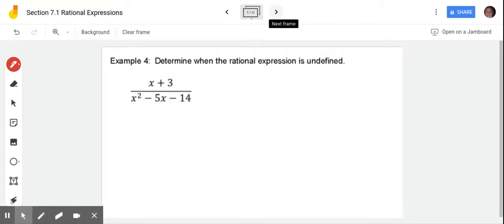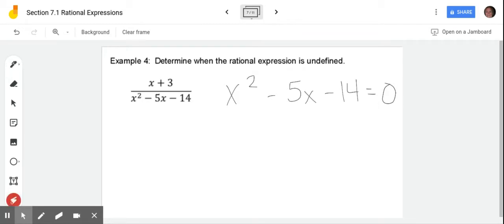Determine when the rational expression is undefined. Our denominator is x squared minus 5x minus 14, set equal to 0. Well, remember we learned in chapter 6 that whenever we have a squared term, what we have is a quadratic function.